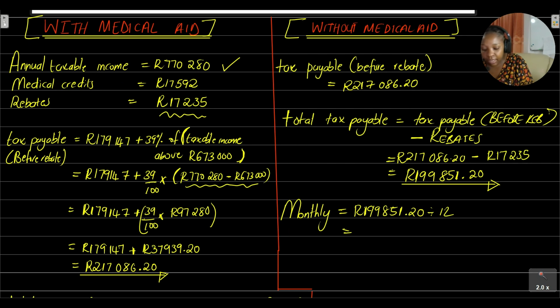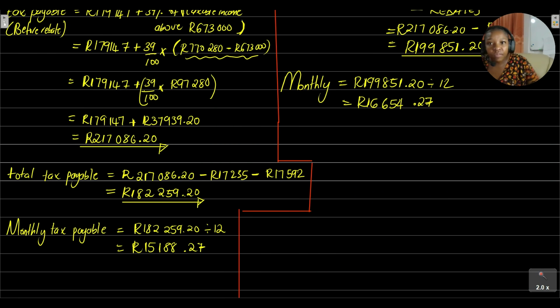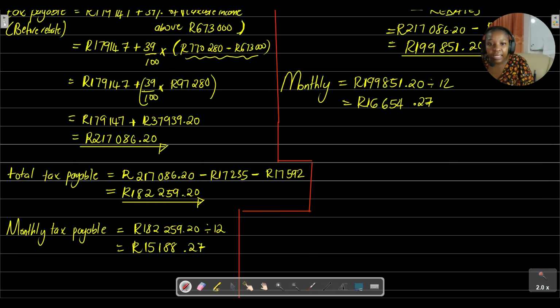So 199,851.20 divided by 12 is going to give us 16,654.27. Now, we found that if he has medical aid, this is how much he pays per month, 15,000. If he doesn't have medical aid, this is how much he pays per month, 16,000.